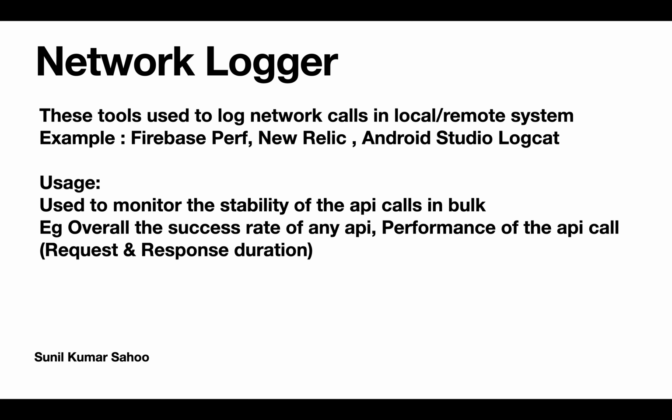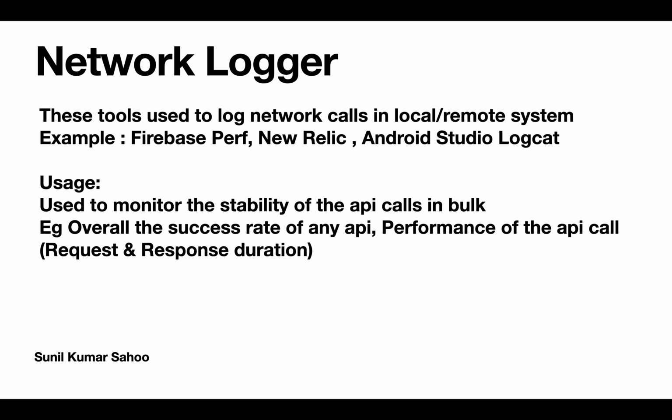Let's take an example that within 1 month most of our applications have made some network call to the server, and it is logged in our remote system, maybe using New Relic or Firebase Perf or some other analytics.